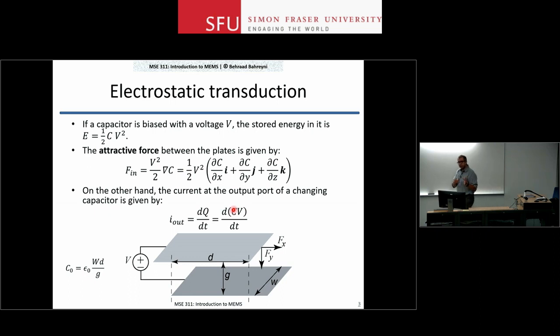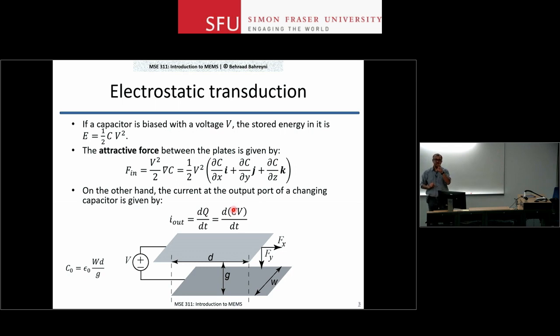Traditionally, you ignore the dC part, right? If you go back to your electric circuit course, you had a capacitor in your circuit, you assumed C was constant, and therefore the current through a capacitor was just C dV over dt. The derivative of the voltage would give you the current.